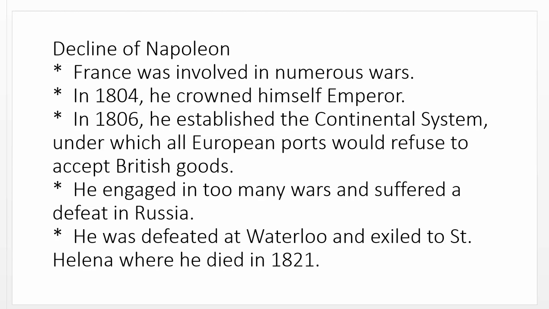Those of you that were in 11th grade reviewing with us, remember that Napoleon's going to give up his territory in the United States with the Louisiana Purchase, largely because he was in desperate need of money. But he just engaged in too many wars. It really starts to fall apart when he's defeated in Russia. And then the final defeat will be at the Battle of Waterloo.